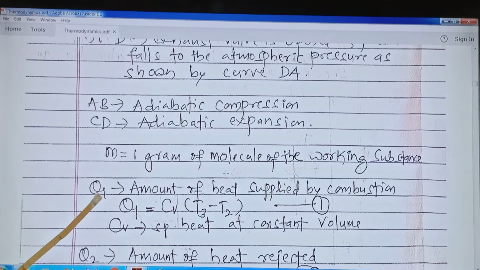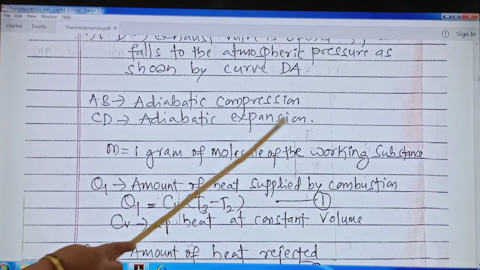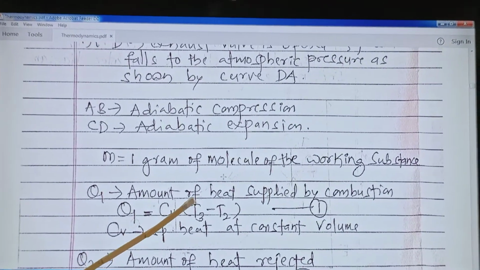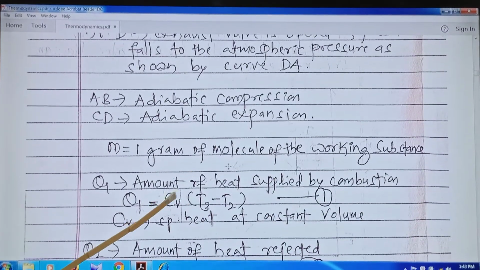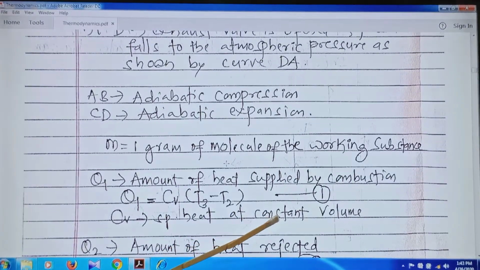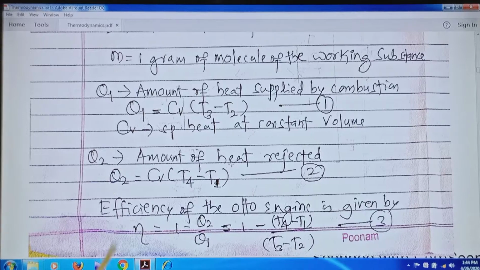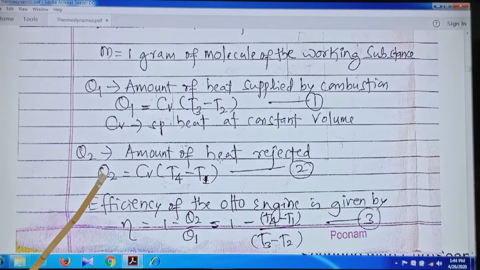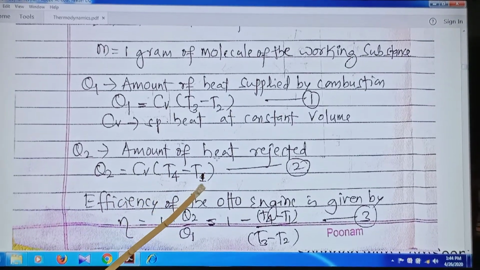Then Q1 is the amount of heat supplied by the combustion process and is given by Q1 equal to CV into (T3 minus T2), equation 1, where CV is called the specific heat of the substance at constant volume. Q2 is the amount of heat rejected and is given by Q2 equal to CV into (T4 minus T1), equation 2.